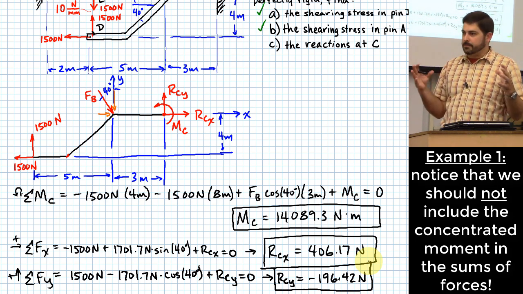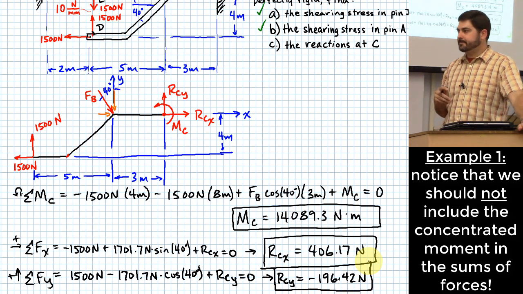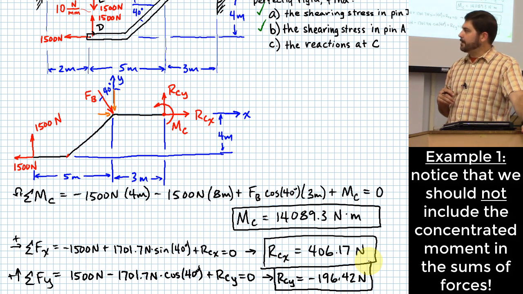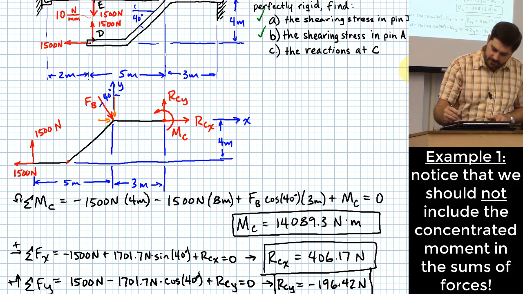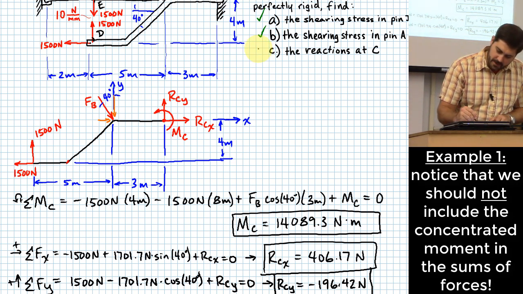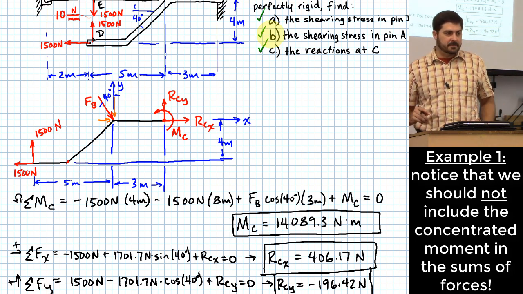We don't need to think about any sort of forces that are implied by that, because there are no forces implied by that m sub c. All right, so let's go back up here. Have we solved for everything? I think we just now got the reactions, all three of the reactions at C.